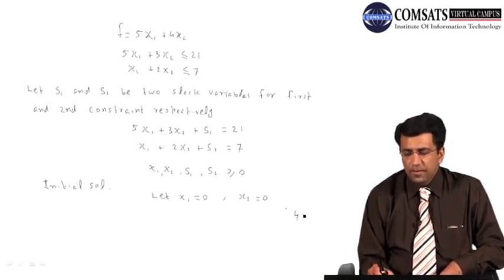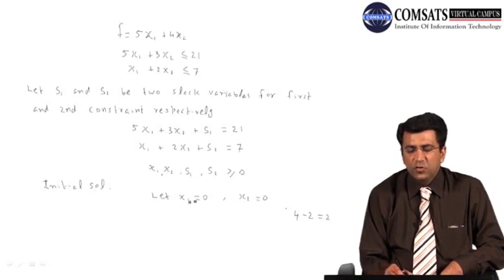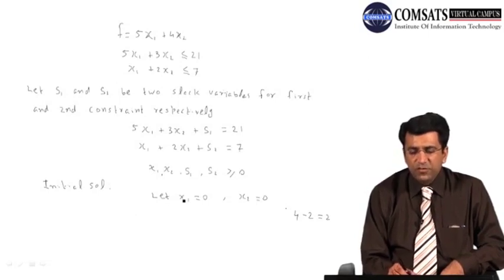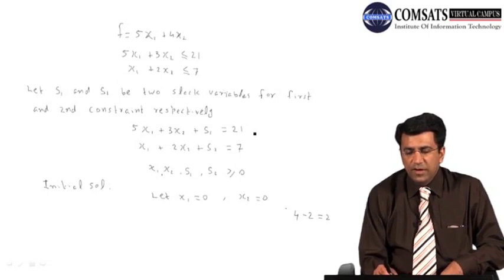So 4 minus 2, where 4 is the total number of variables x1, x2, s1, s2, minus the number of equations, the two basic constraint equations, is equal to 2. This number 2 shows that we will have to put two variables equal to 0 in the above equations. So we put x1 equal to 0 and x2 equal to 0 in these two equations.